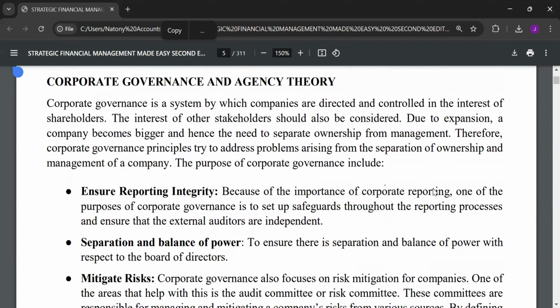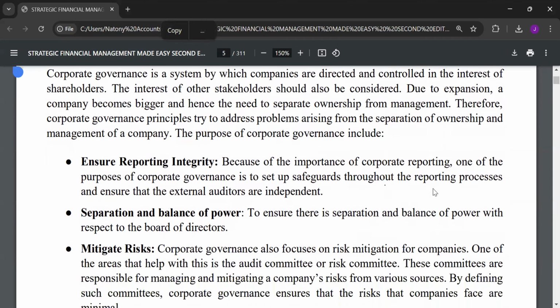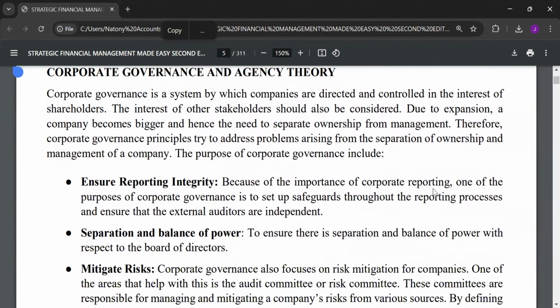So corporate governance helps to strike this balance so that the directors of a company do not run the company to the detriment of the owners of the company and other stakeholders. So that brings about the code of corporate governance.